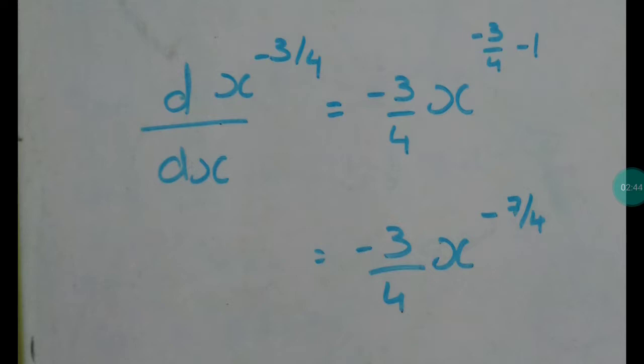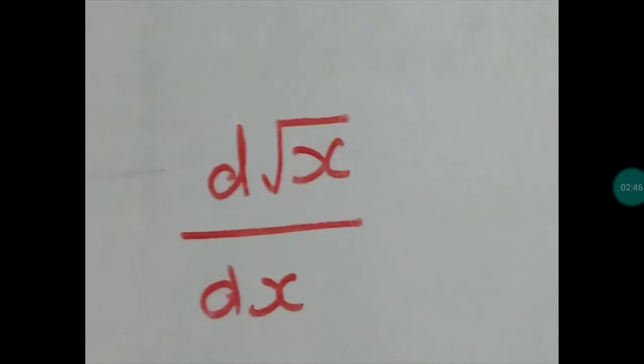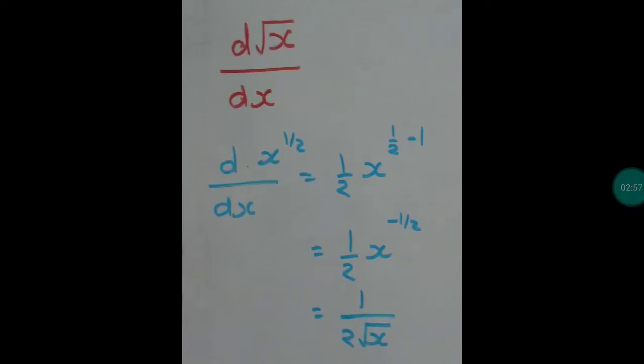Now let us go for the next question. d/dx of square root of x. Now we know that the square root of x can be written as x to the power 1 by 2, and it can be solved like this.